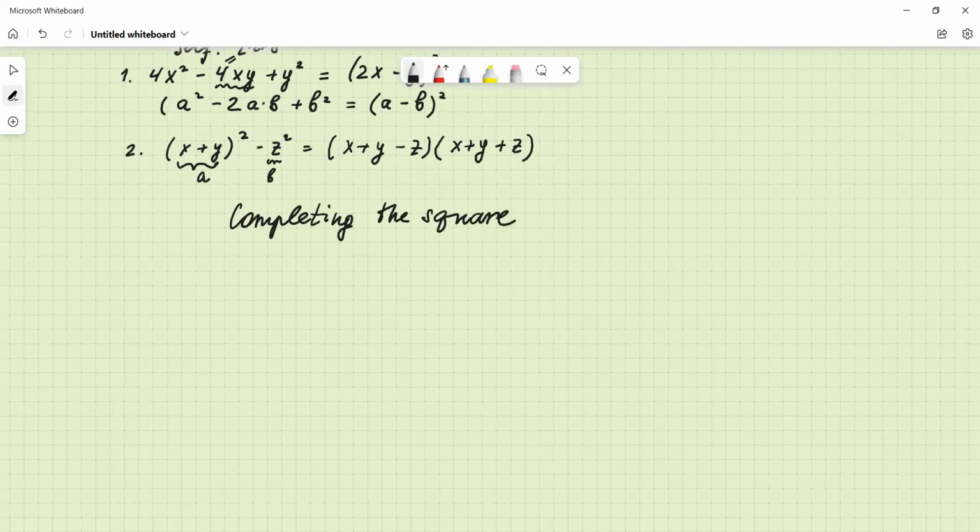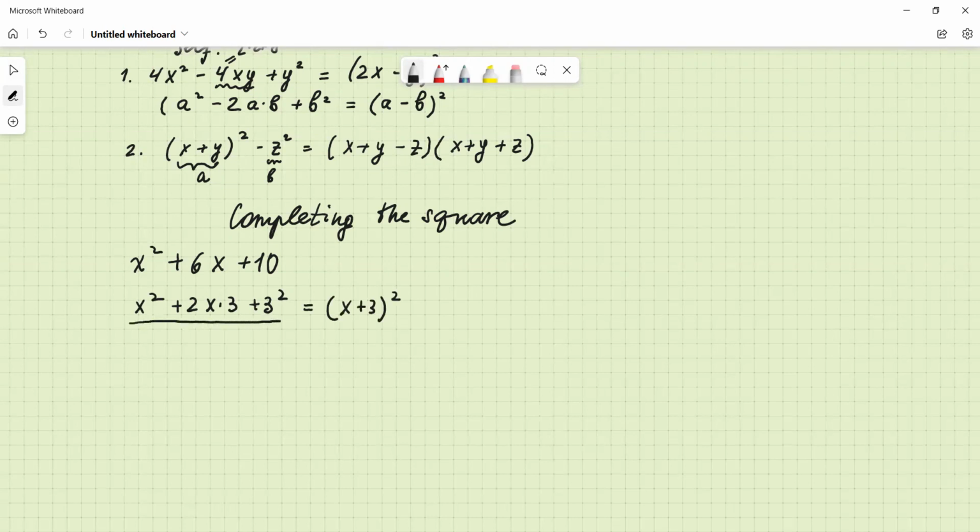Well, imagine that you have the expression x squared plus 6x plus 10. You start looking at your formula: x squared plus 2 times x times 3 plus 3 squared. And you see that this formula is going to make a perfect square, (x plus 3) squared.